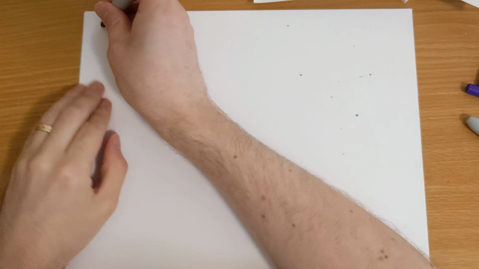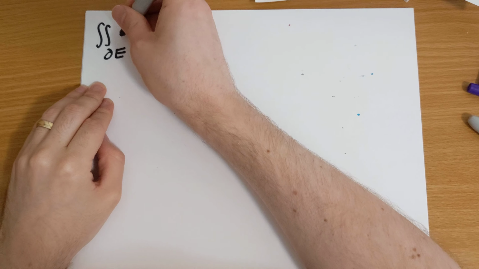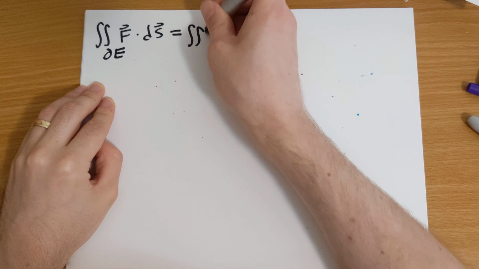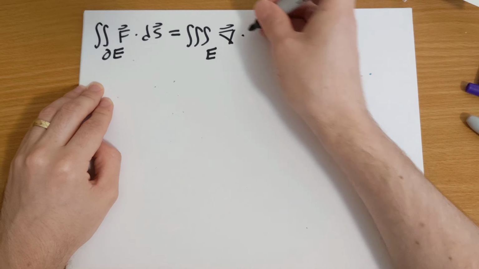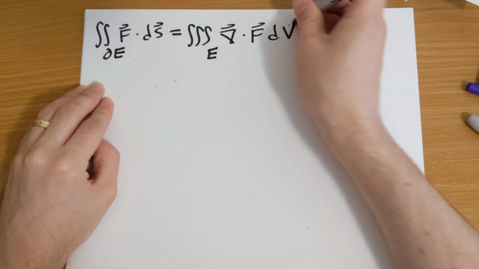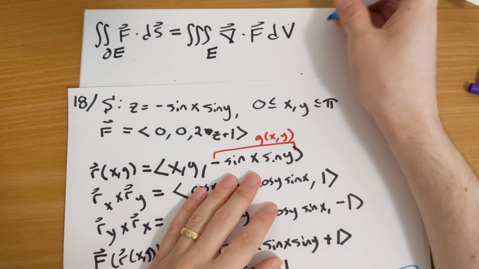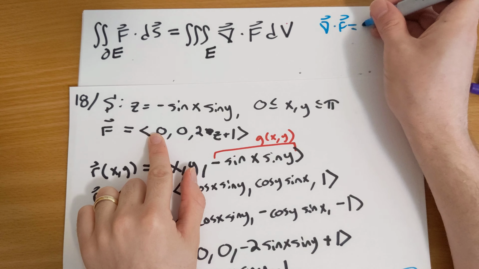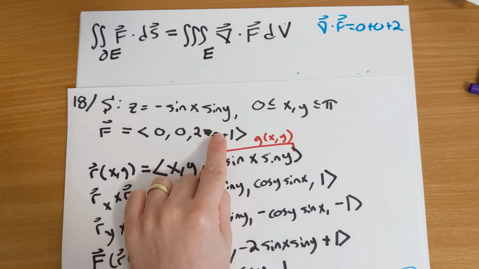So our double integral over the boundary of our region E, F dot dS, is equal to the triple integral over E itself of the divergence of F. So what is the divergence of F equal to? Divergence of F here, the x partial derivative is 0, the y partial derivative is 0, the z partial derivative here is 2.